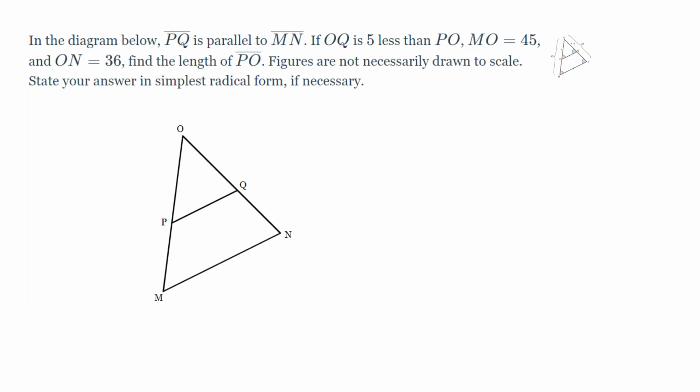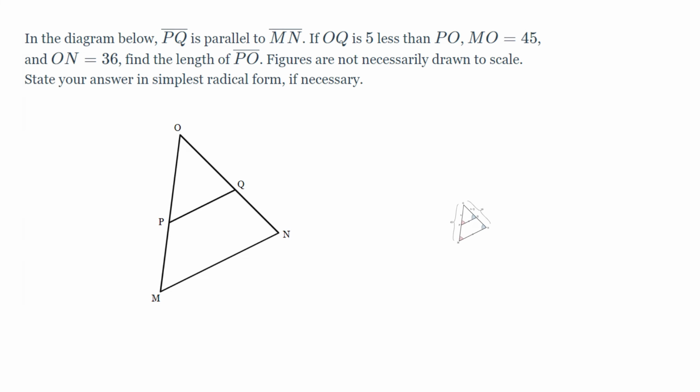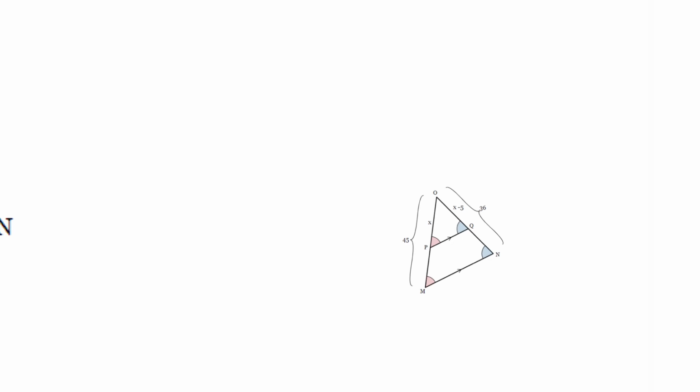On this one, we're told that in the diagram below, PQ is parallel to MN, which means we're going to have some corresponding parts again. QE is 5 less than PO, MO is 45, ON is 36. Guys, I can't express enough how important it is that you diagram these different things.